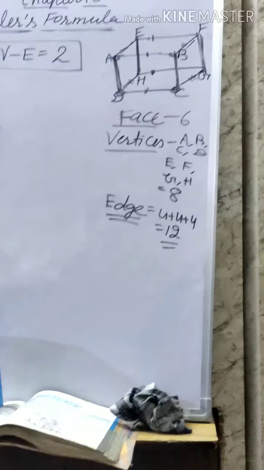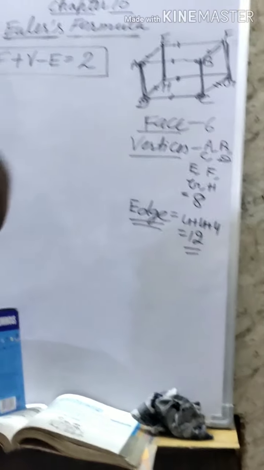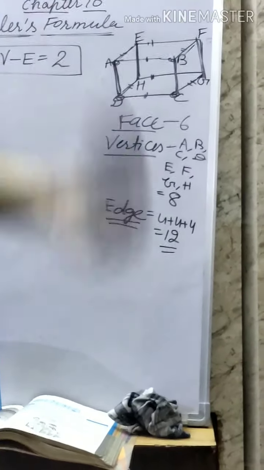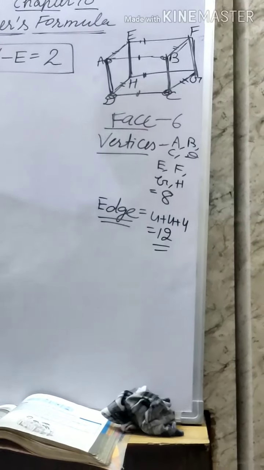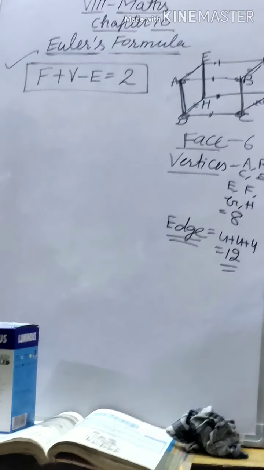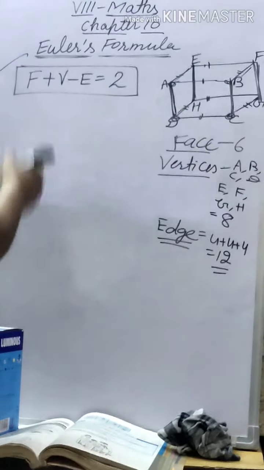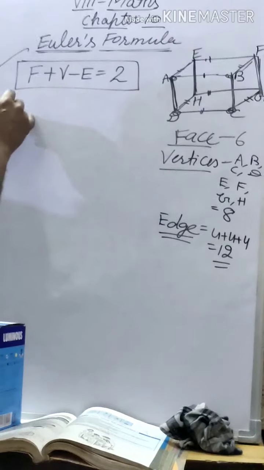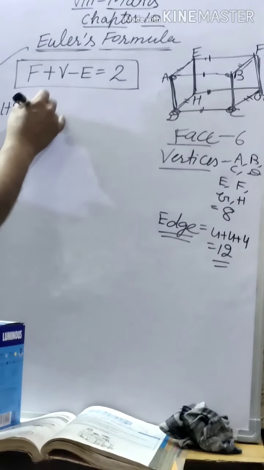So first of all, you must know what is face, what is edge, what is vertex. Now I will verify the relation between faces, vertices and edges. So my dear students, first take the left hand side. What is the left hand side?